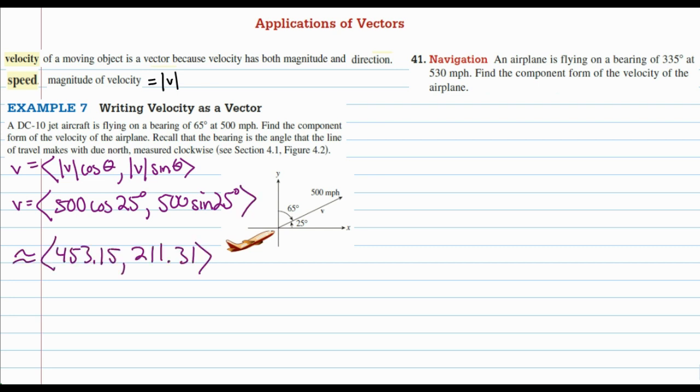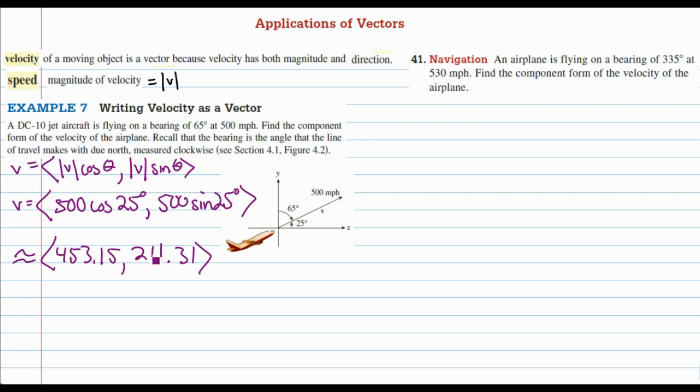And when I put those values in my calculator, I get that the vector velocity is 453.15, comma 211.31. So the airplane is traveling 500 miles per hour in this direction, straight along its vector.